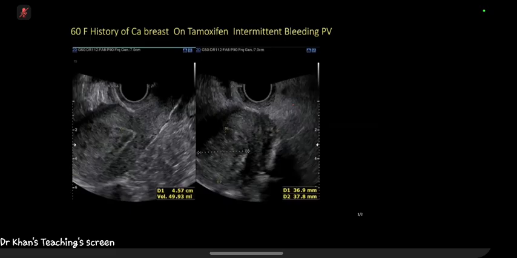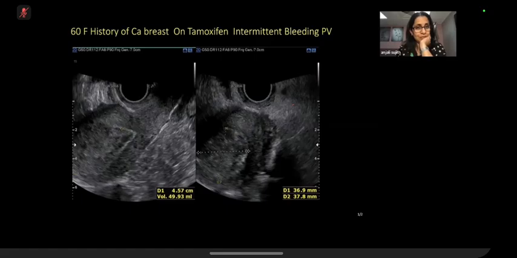I can't see the superiormost portions of it on the first image, but on the second image, it looks like it's well-rounded within the endometrial cavity. Okay, good. So what is the cutoff for endometrial thickness if the patient is on tamoxifen?